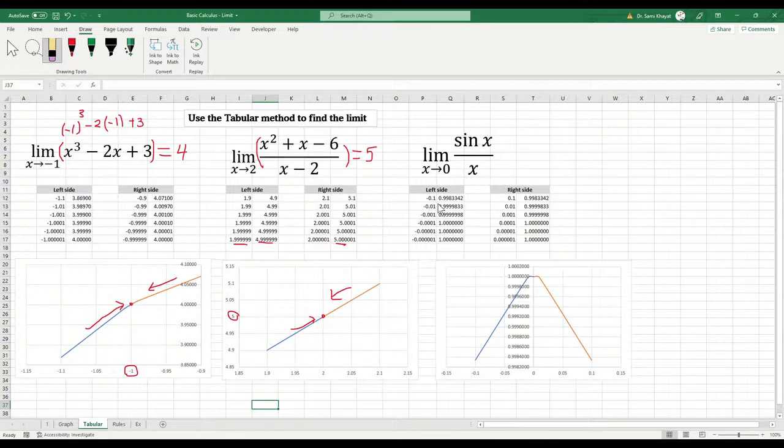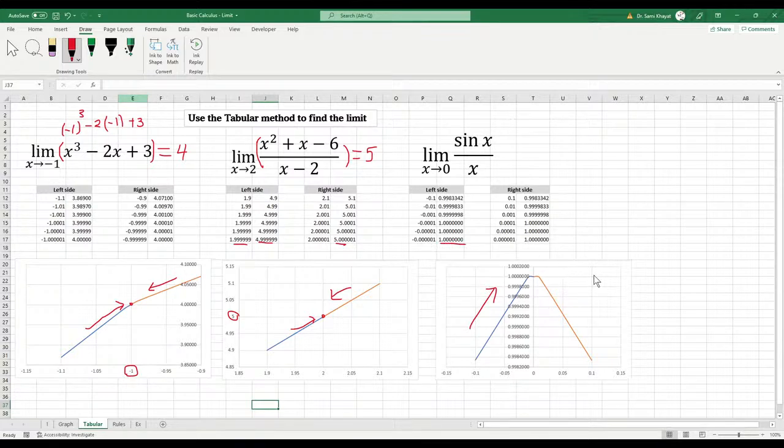By the way, here we are using radians, not degrees. Now, when we approach 0 slowly from this side, we see that we are going to 1.